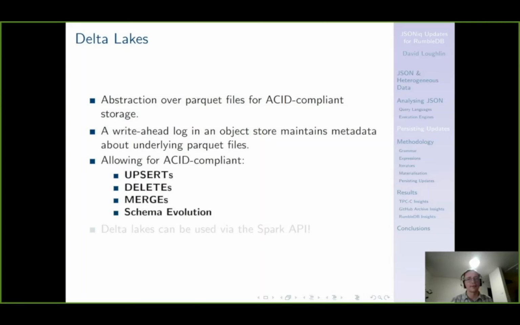With this, we can aim to achieve ACID compliant updates for the update primitives available in JSONiq, thus allowing for the heterogeneous expressivity for the JSON data model and updates without sacrificing aspects of either.